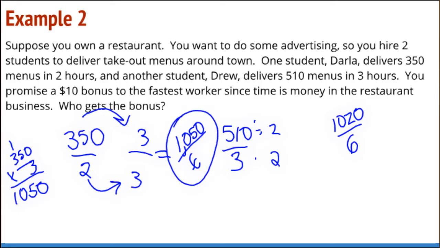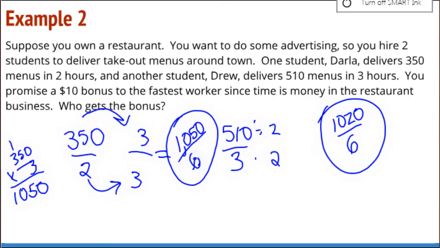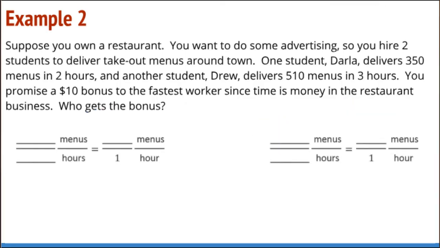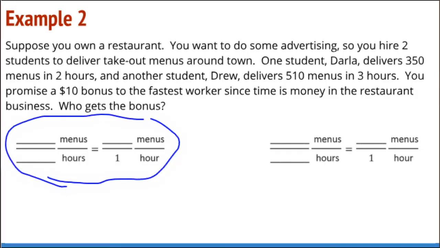So once again, I can see that Darla is delivering at a faster rate. I have extended it and said, okay, what if they both went for 6 hours? Who would deliver the most menus? And here is the setup out of the teacher materials, and you can see that they have set it up in the manner in which we already looked at.